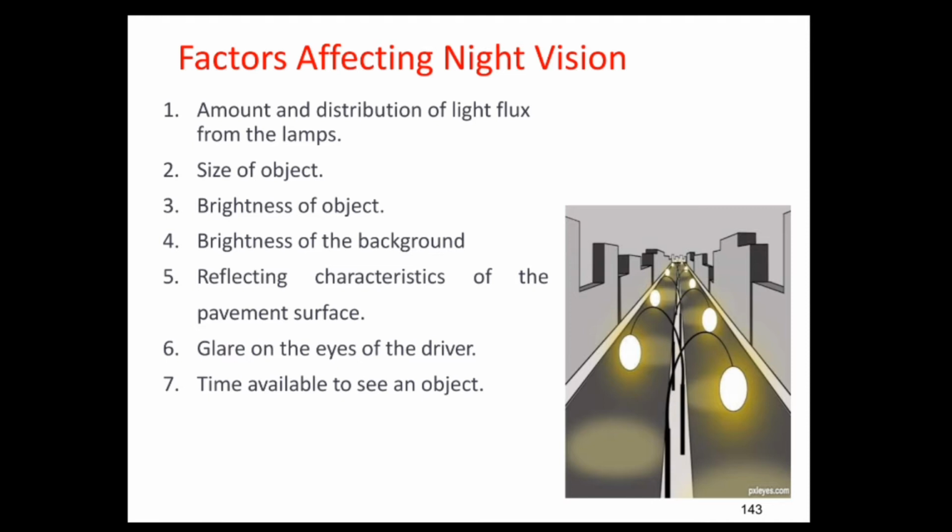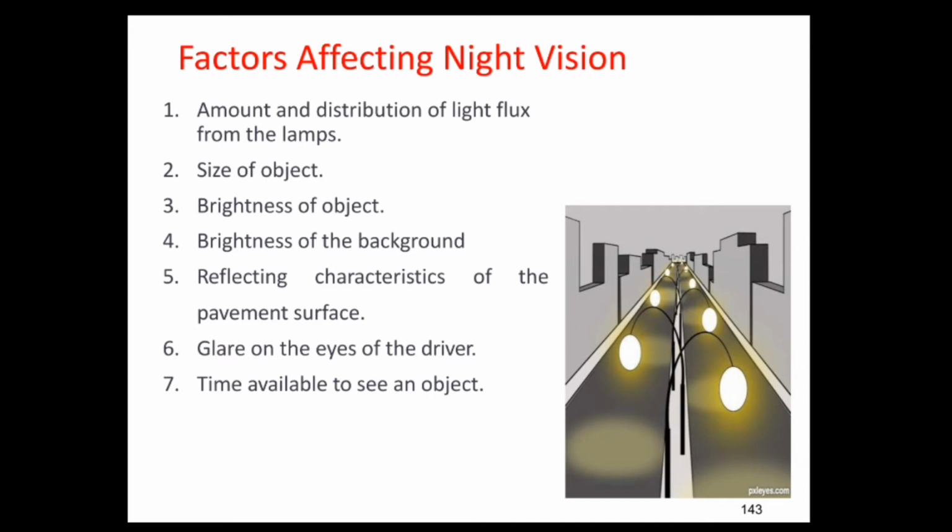Third is the brightness of the object. For example, at night if you are moving in a vehicle and the object on the road is of white or light color, its brightness will be more, so it will be easily visible to the user. But compared to this, if it is of a black color, its brightness will be less.